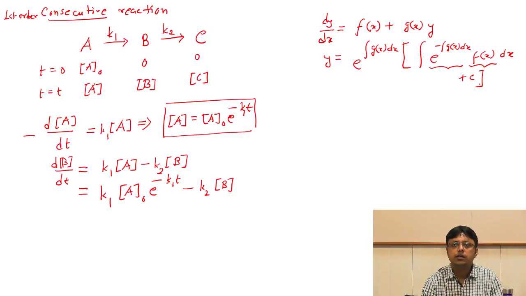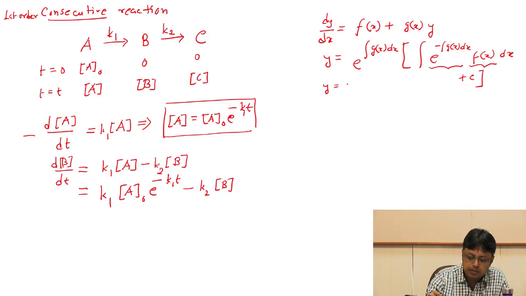Now let us just use this standard integral and try to figure out what the terms are here. So here y is nothing but the concentration of B, and x is nothing but the time. Now let us see what f(x) is. The equation is f(x) plus something into y.